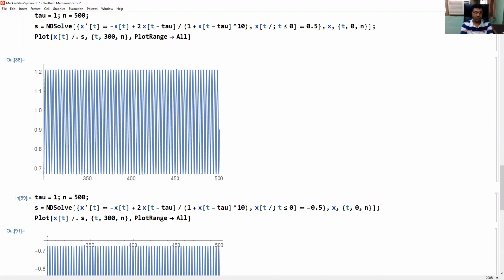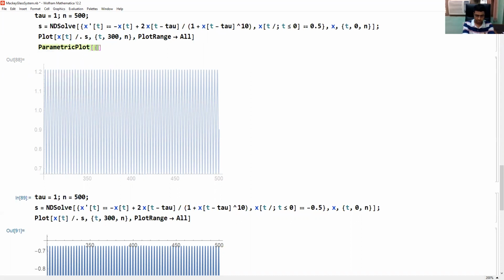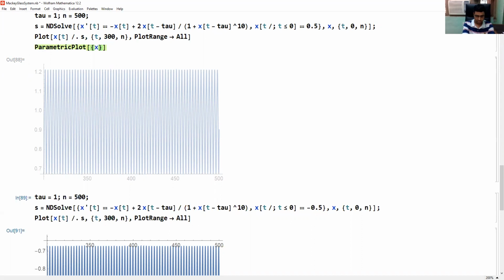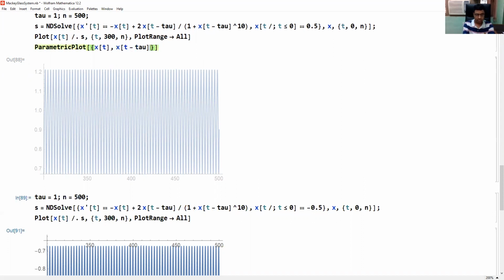So we need to use parametric plot, where first entry is x of t and second entry is x of t minus tau, and t from, again let us take 300 to 500.